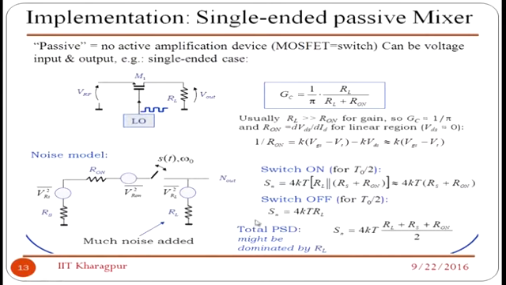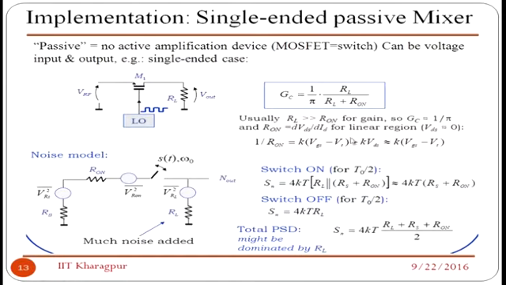If you assume that RL is very high, the noise contribution when the switch is on is 4kT (RS plus R on). That is the noise contributed from the source side when the switch is on. But when the switch is off, the load resistance comes into the picture, which is 4kT RL.